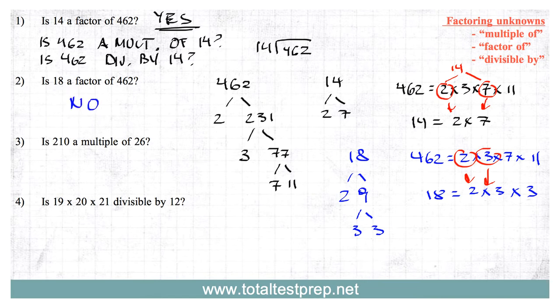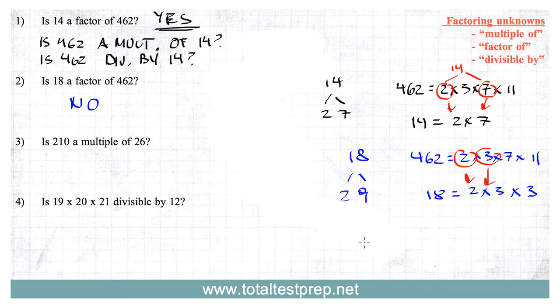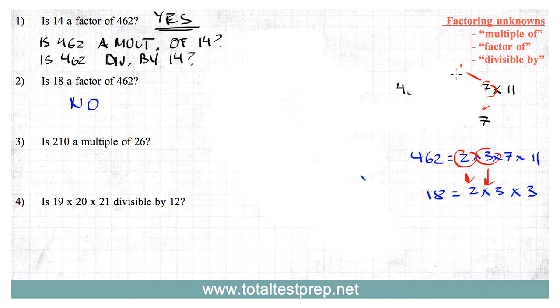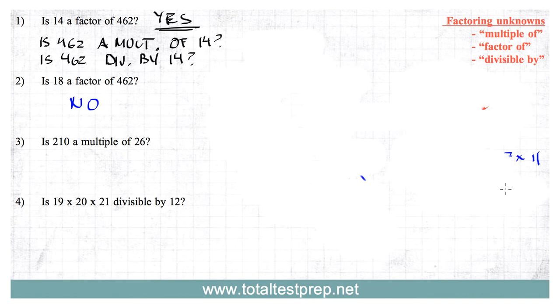Let's take a look at question number 3. And for this, I'm going to have to create a little space by erasing this. So is 210 a multiple of 26? Same as, is 26 a factor of 210? Is 210 divisible by 26? We'll prime factor this first.